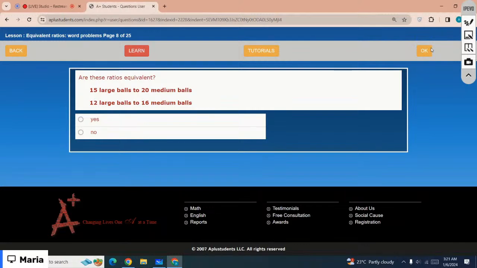Are these ratios equivalent? 15 large balls to 20 medium balls and 12 large balls to 16 medium balls. So which is the correct option?